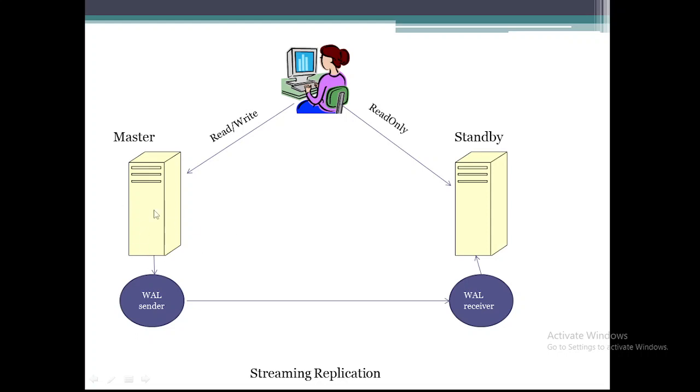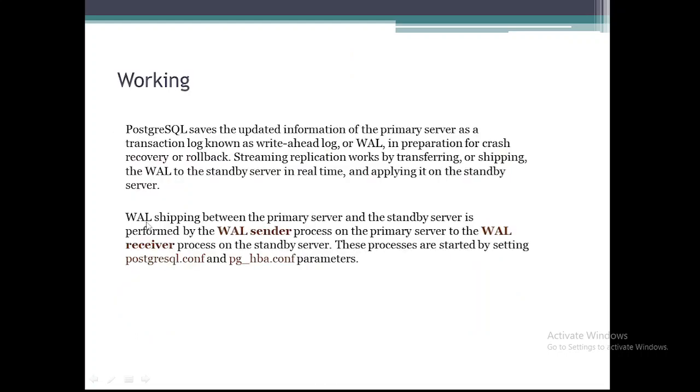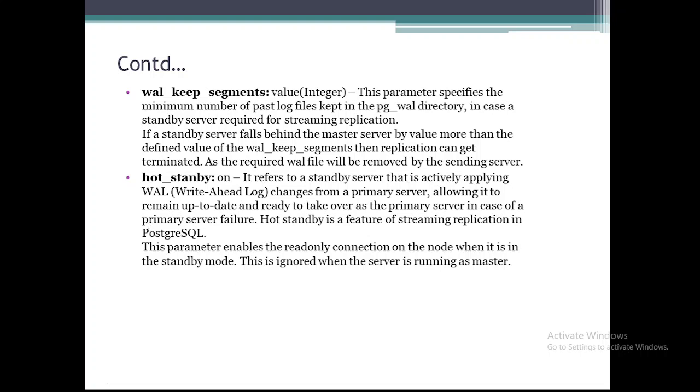But how many WAL segments should be kept is decided by wal_keep_segments. If a standby server falls behind the master server by more than a defined value, say 10, then the replication gets terminated.